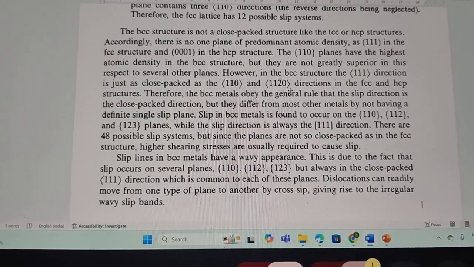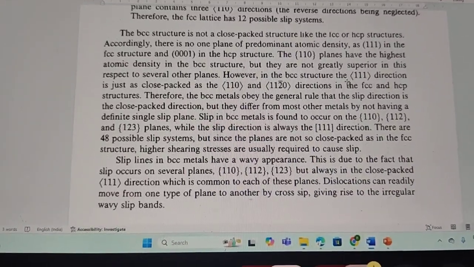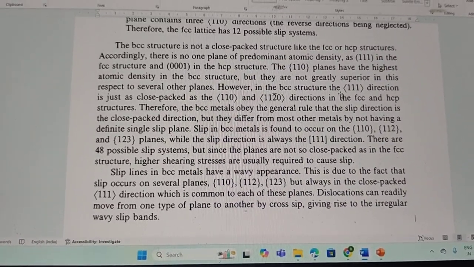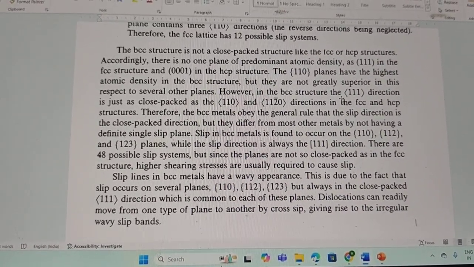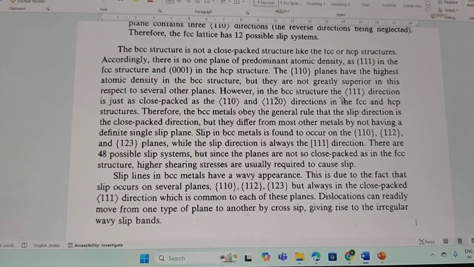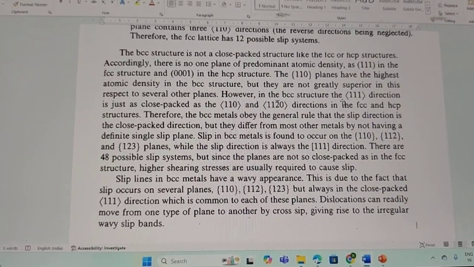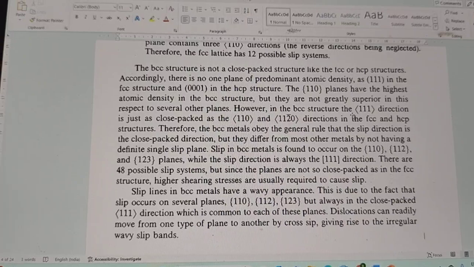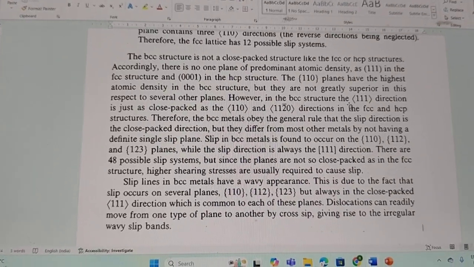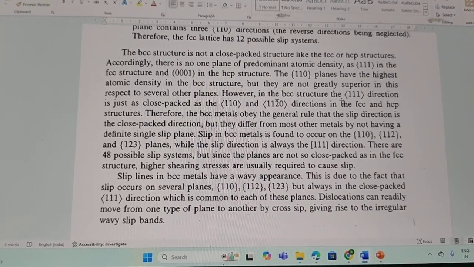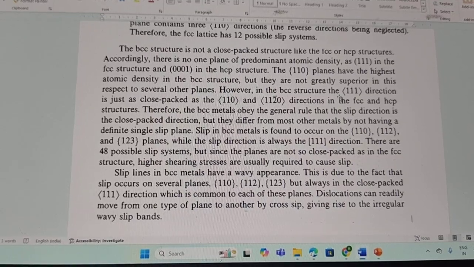That is the 111 direction, which is close packed. But because the slip planes are not as close packed as those in FCC, BCC is not as ductile as FCC. And HCP is not as ductile as BCC because HCP has fewer slip systems.